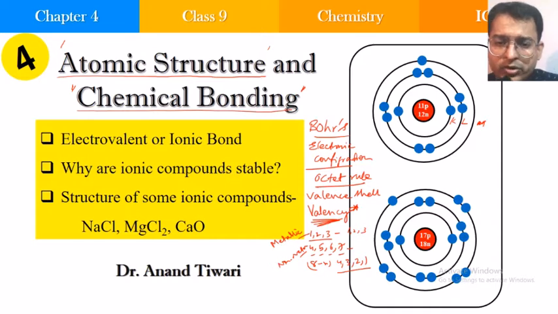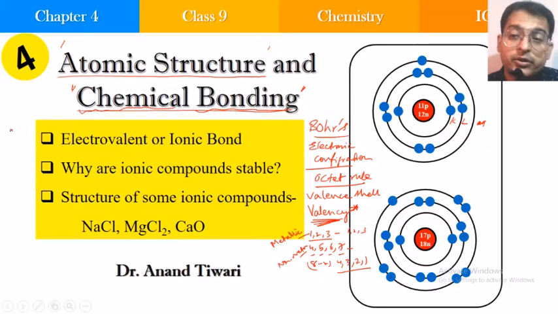Because you saw that they will lose electrons or they will gain electrons, but where will these electrons go? So these electrons have to be shared with, or transferred to, another element. So by this what happens? There is a formation of chemical bonds.